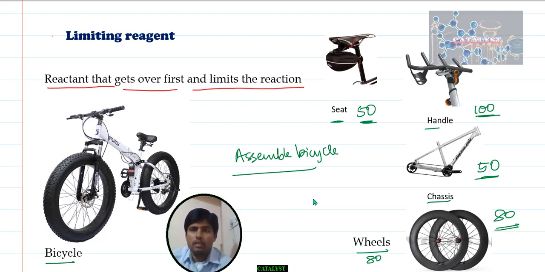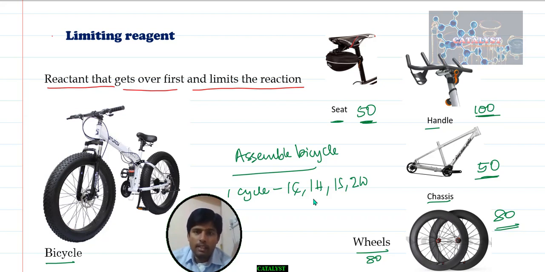Imagine we have been given this much. Now we start assembling. So we all know one cycle requires one chassis, one handle, one seat and two wheels to make a normal cycle, of course.